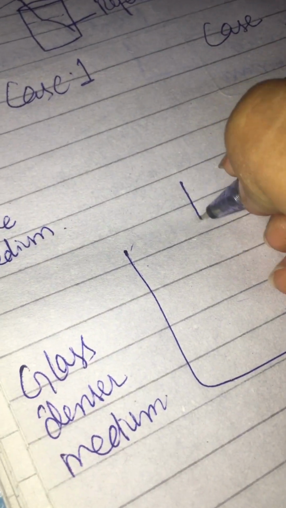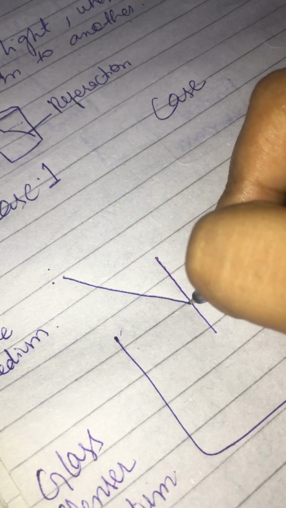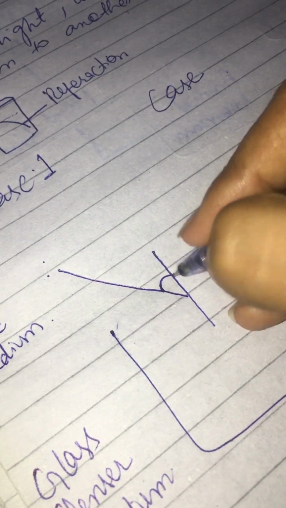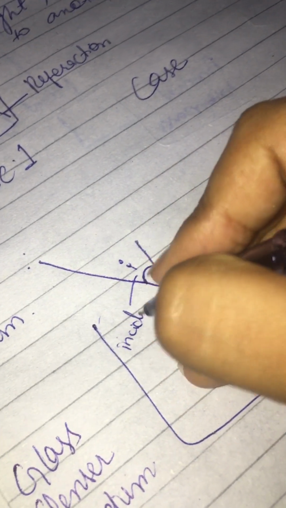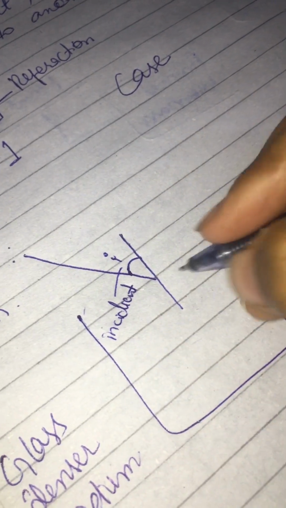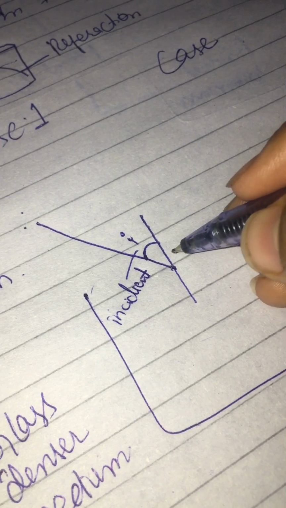Now consider the ray of light is coming from here. Okay, so this is the incident ray, and this is a normal line.